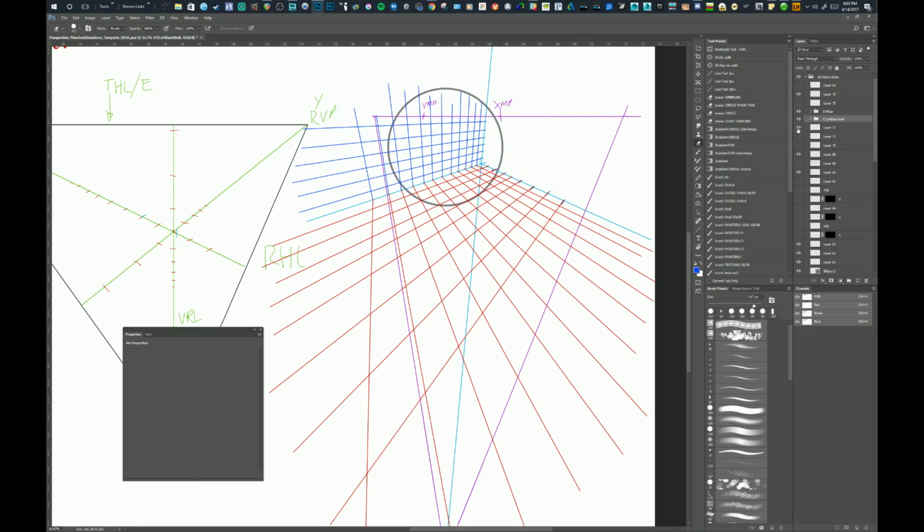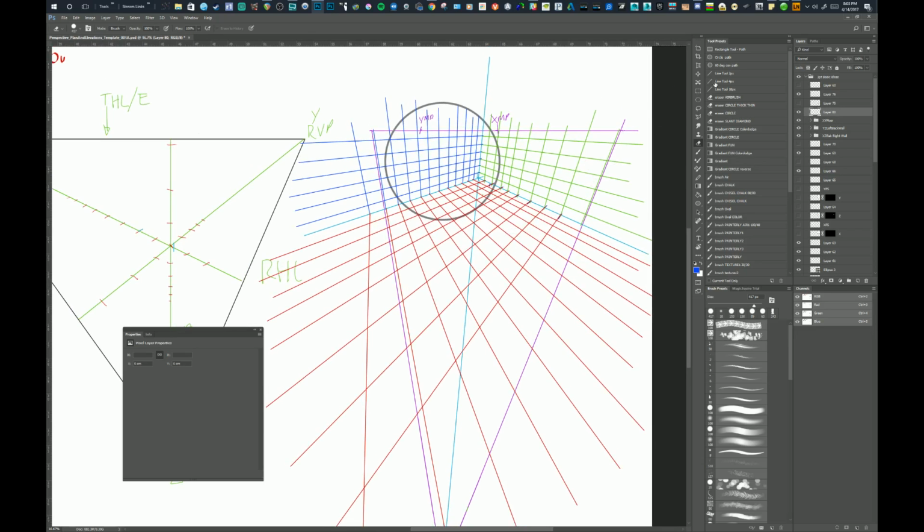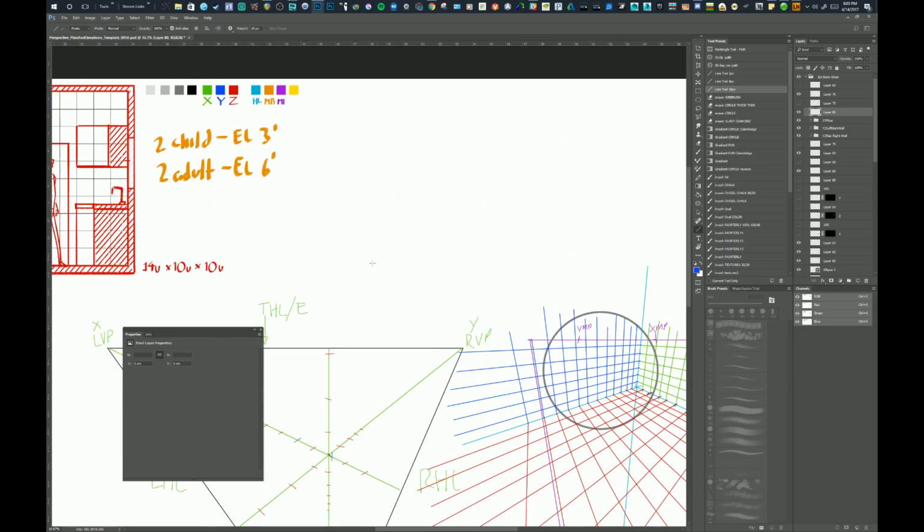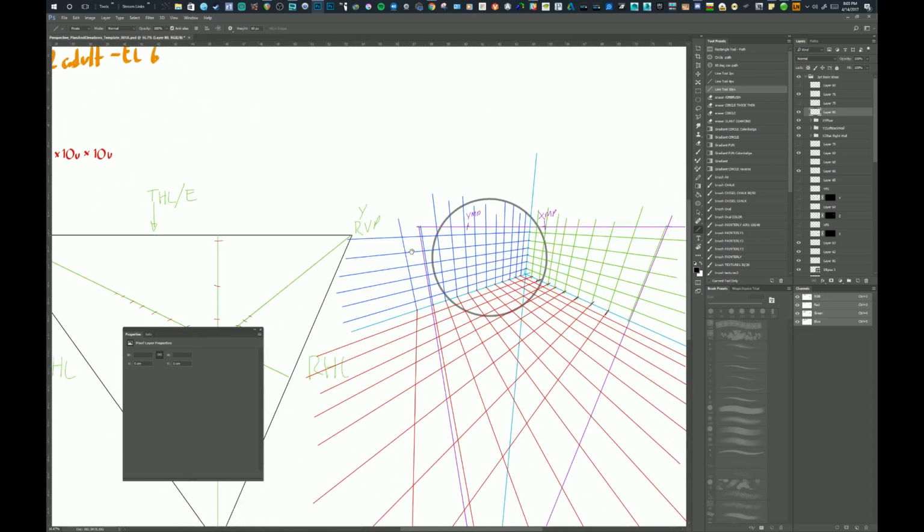And these two are the XZ back right wall. Okay. Now that we have all this in place, anything that we draw, as long as we draw it appropriately because we've already made all the decisions, will be in correct perspective.